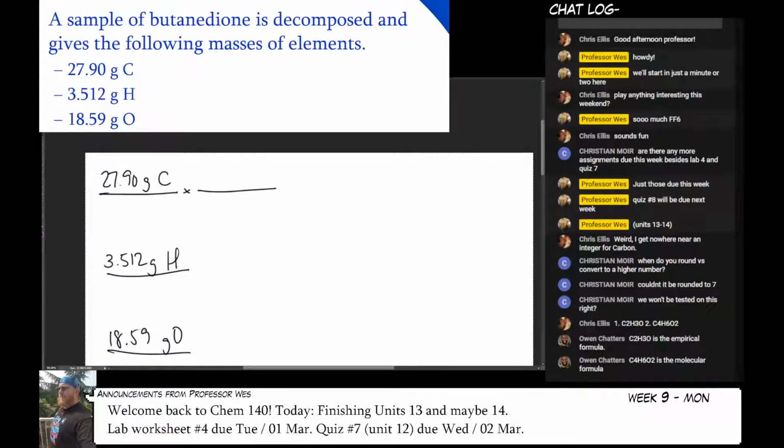So let's do carbon first. We know the molar mass of carbon is 12 grams per mole, 12.01, and I get 2.323 moles of carbon.